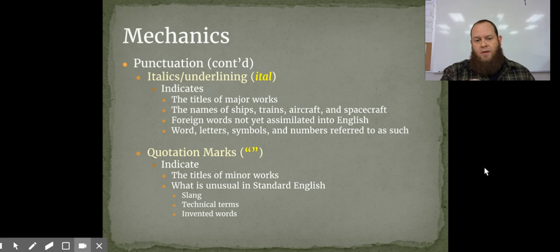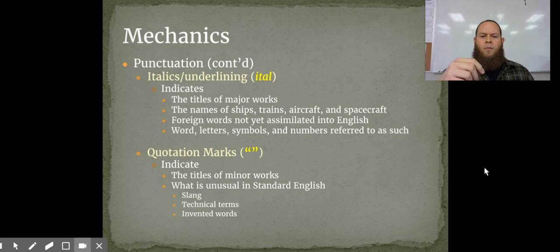Quotation marks, though, they indicate the titles of smaller works. So not albums, but songs; not anthologies, but poems; not novels, but short stories. Short stories, songs, poems, those are minor works. You would put those in quotation marks.